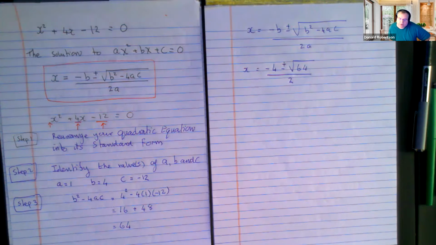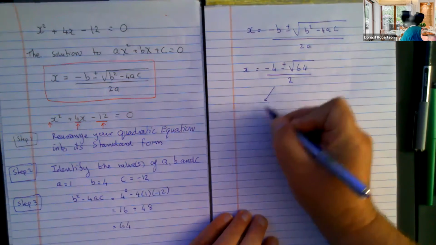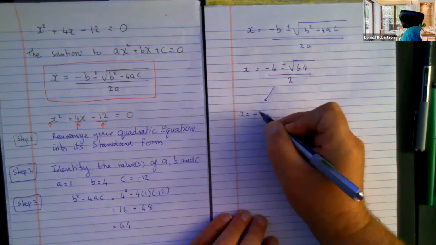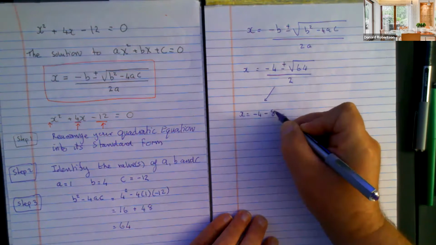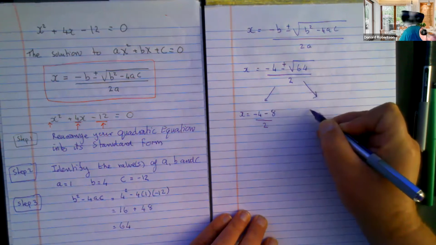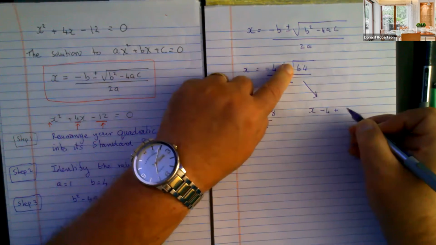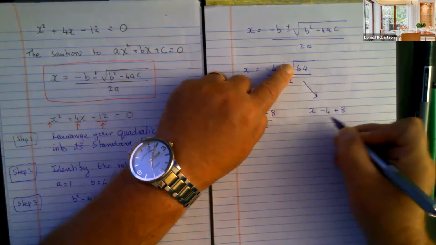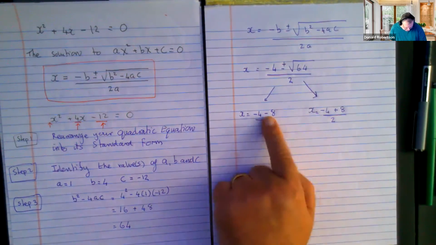Now, since you are typically going to get 2 solutions, we want to separate this formula into its 2 pieces. So the first one you would get is -4, take away the square root of 64, which is 8, all divided by 2. And the second solution is going to be x, still -4, but add the square root of 64, which is 8, all over 2. So you see you've got the plus and the minus here.